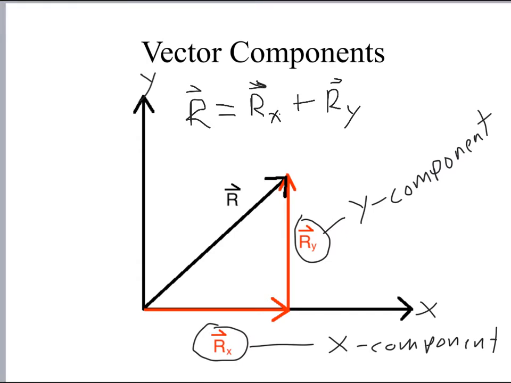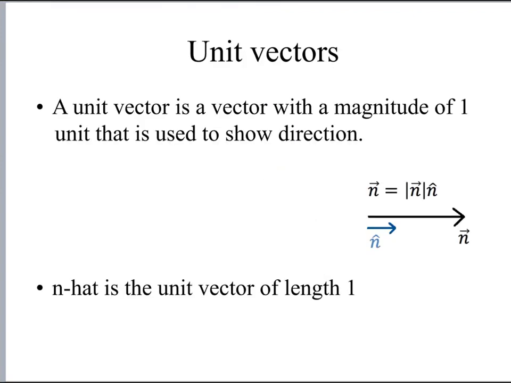And because the x and y axes are perpendicular, these components are also perpendicular, so this would be a right angle, making this triangle a right triangle.